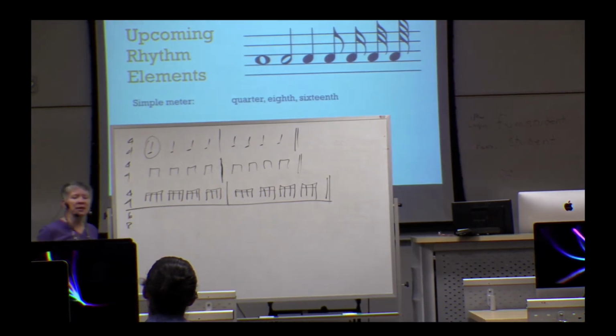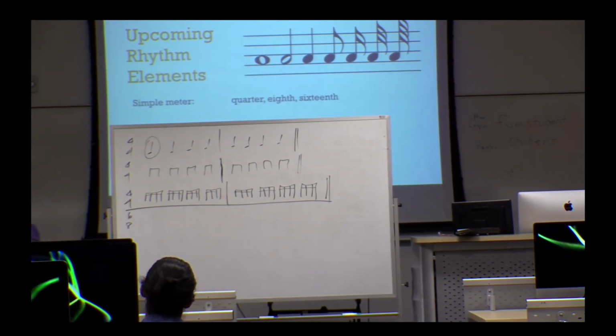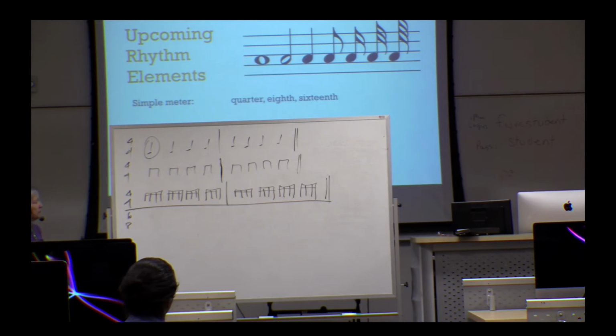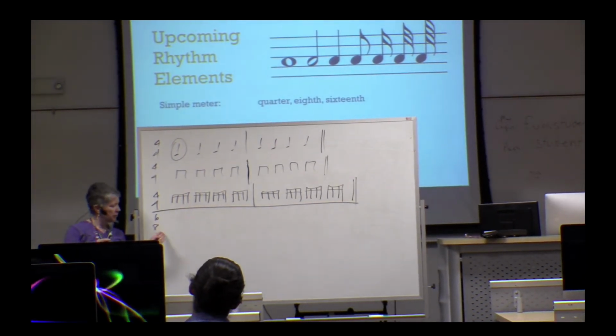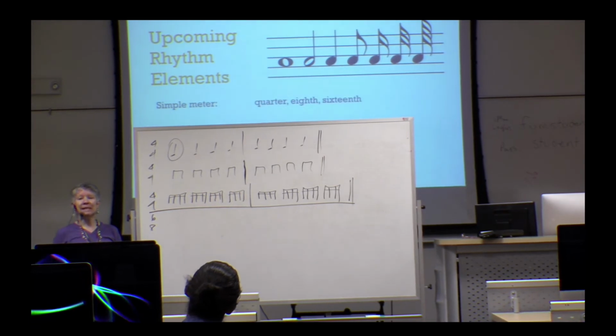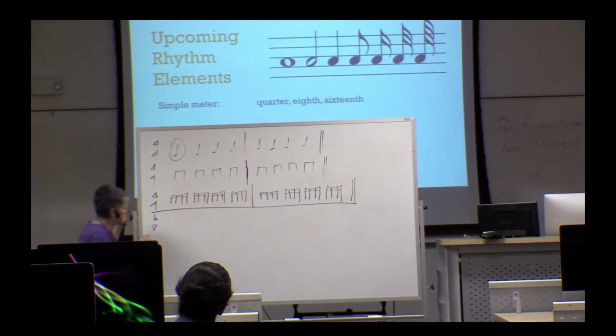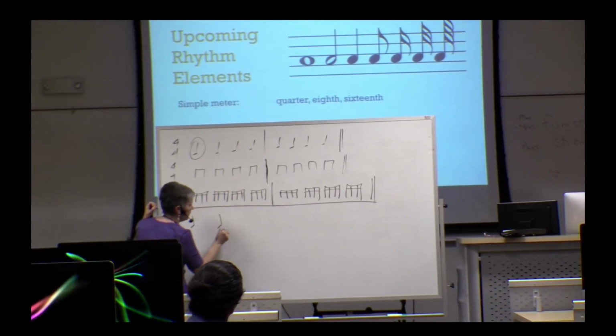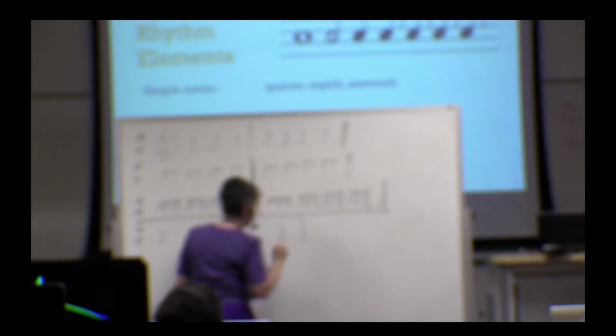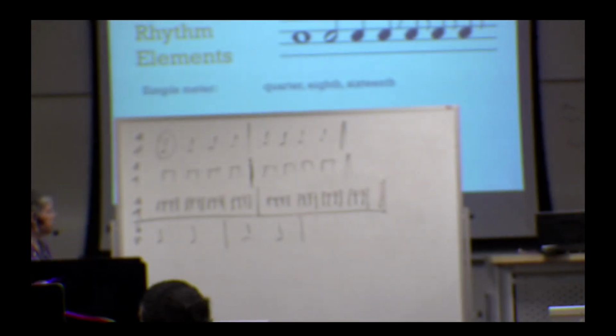Okay? So if I'm in compound meter, 6/8 or 12/8 or 9/8, it doesn't matter. What is the unit of pulse in compound meter? Yes. Dotted quarter, exactly. Okay? So, that's the unit of pulse.